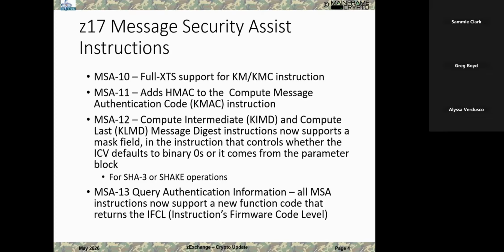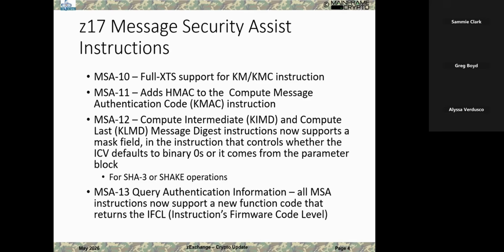The first one has to do with fully implementing XTS or ciphertext stealing support. Ciphertext stealing is just a way of doing encryption, blocking, and chaining things together to provide better security. Now, you could do full XTS prior to the Z17, but the hardware didn't fully implement it.